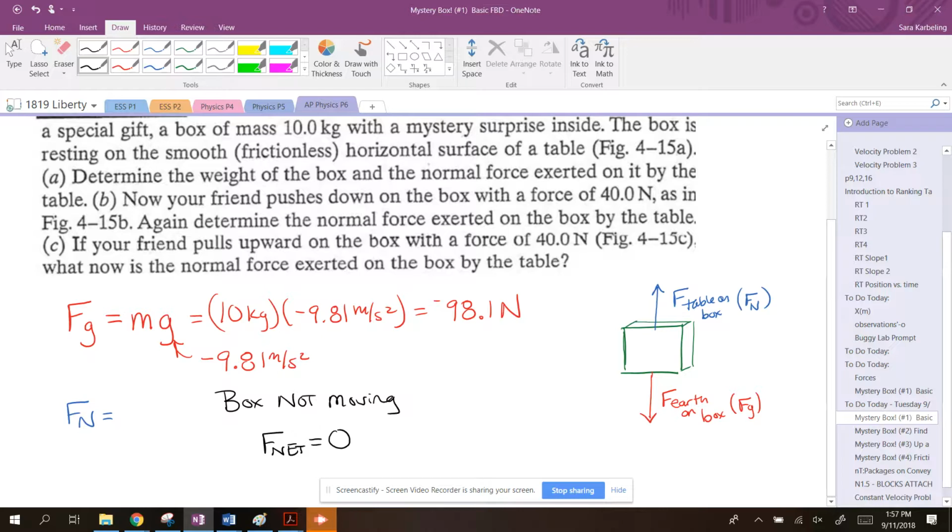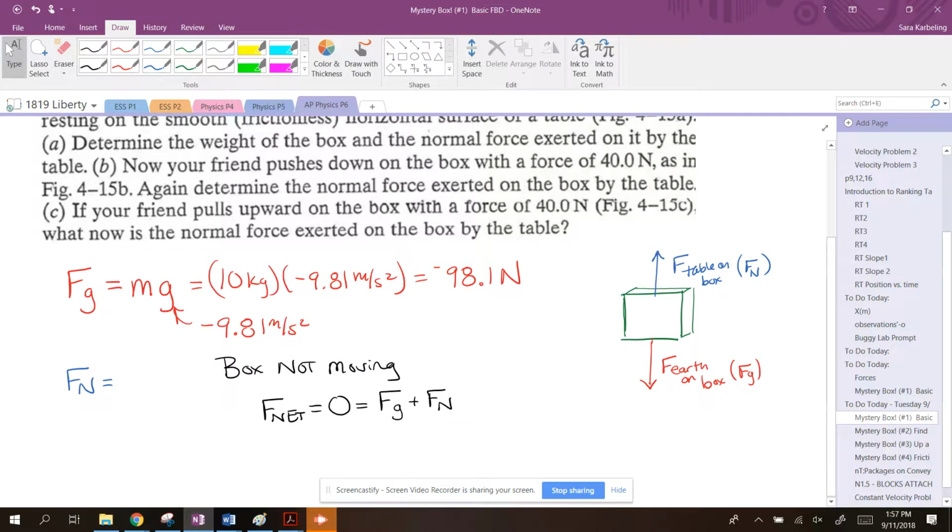You with me there? Adding them all up, they have to be equal to 0 because it's not going anywhere. That's really the force of gravity plus the normal force. If the force of gravity is negative 98.1, the normal force then probably should be 98.1, right? Newtons. Yeah. So that's how we figure out the normal force.